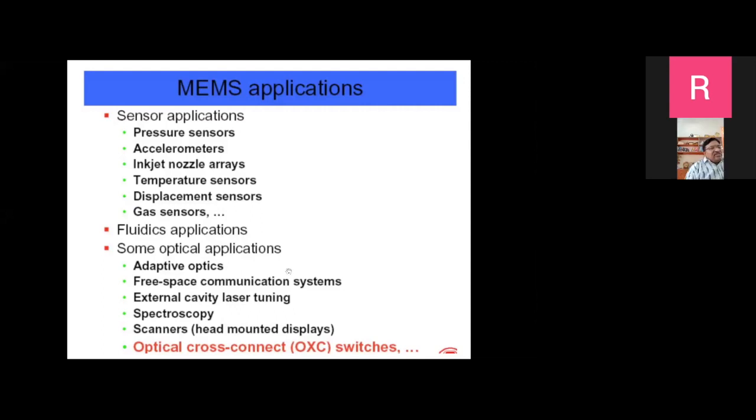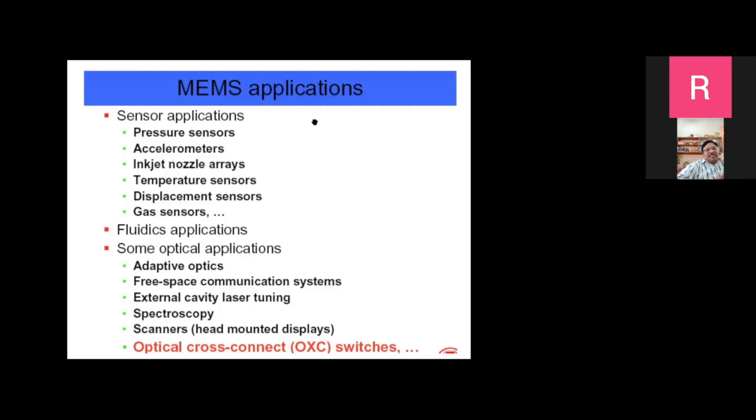So you can do free space optical communications on the chip. For example, if you have a computing system on the chip, different components on the chip can communicate using free space. Of course, when you talk about free space optical communications, you think about communication between buildings.